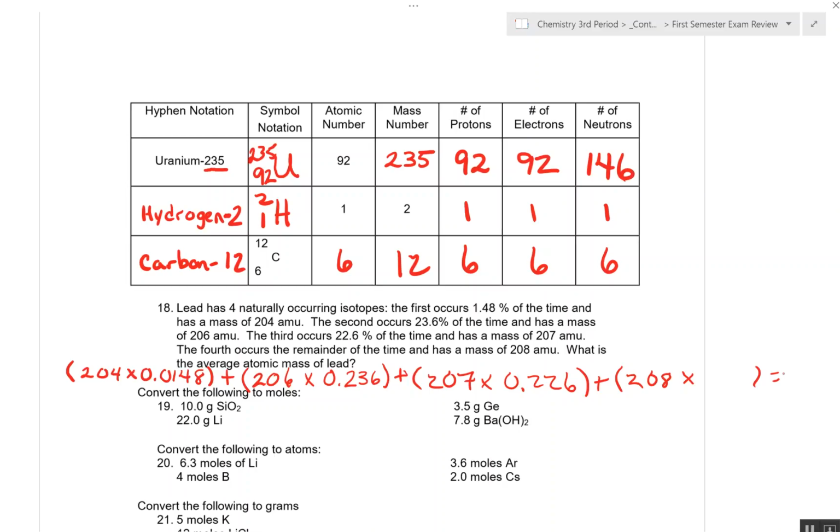What'd you get? 52 point what? 32. So, now when you do all that math, remember, do the parentheses, each quantity in there, then add them all up. If you have a fancy calculator, you can put everything in parentheses, and yes, you can use a calculator on the exam.